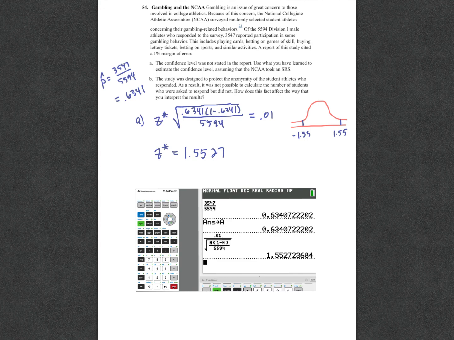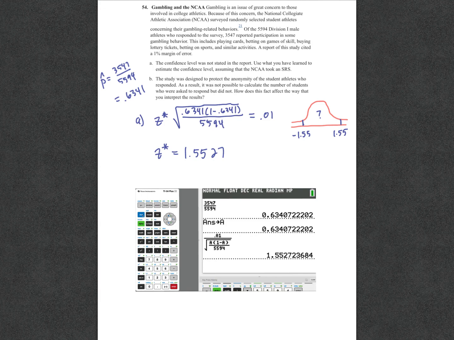Our z stars are always plus and minus. Then we want to figure out the area in between these. Remember, finding area is normal CDF, and we'll make this the lower and this the upper. So let's go back to the calculator to do that.